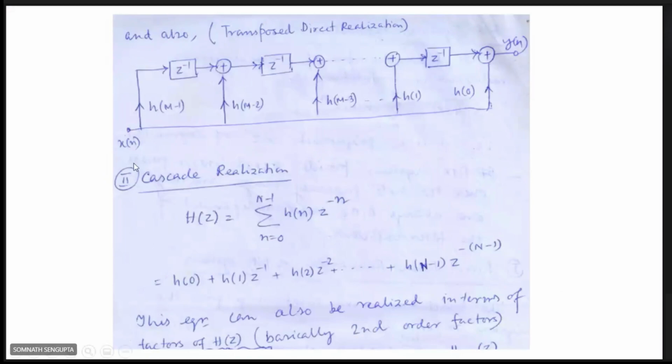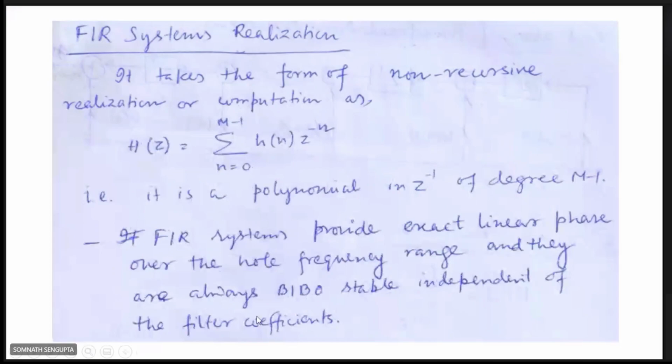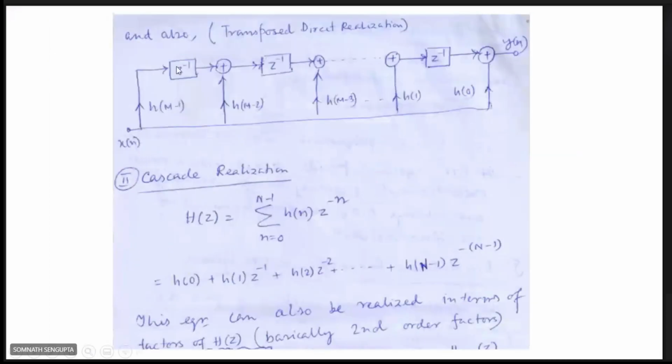So x[n] is multiplied with h[M-1] and then passed to z inverse. Whereas in the previous case h1 is multiplied after the delay element, in this case the h term is multiplied before the delay element, and they are added.